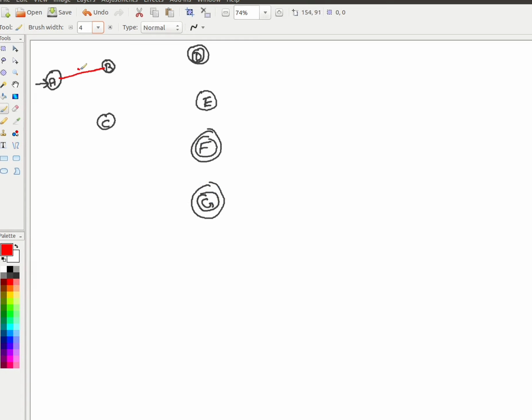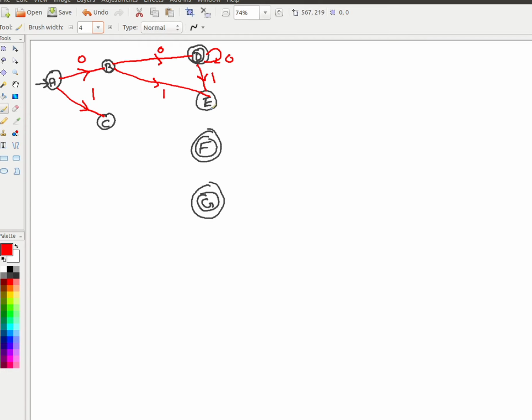Now the transitions are: A to B with 0, A to C with 1. B at 0 goes to D, B at 1 goes to E. D at 0 goes to D back, D at 1 goes to E, right?